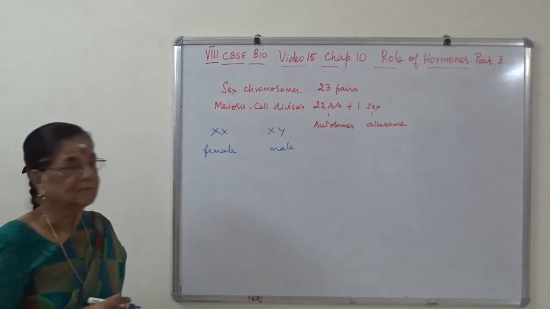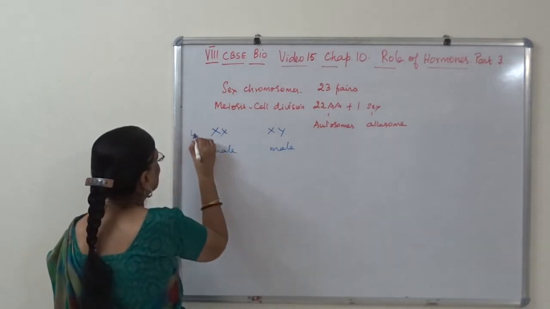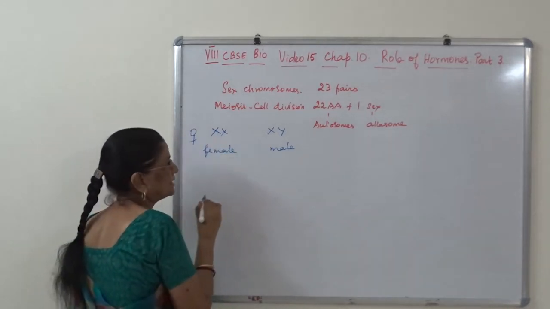I hope you understand. The female is represented by this symbol and the male by this symbol. In higher classes we normally write the male and female symbols like this.